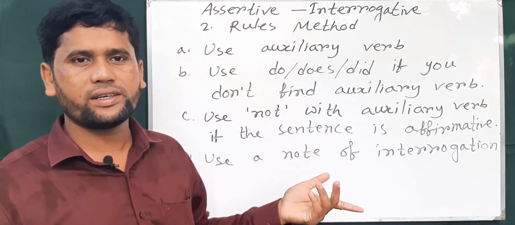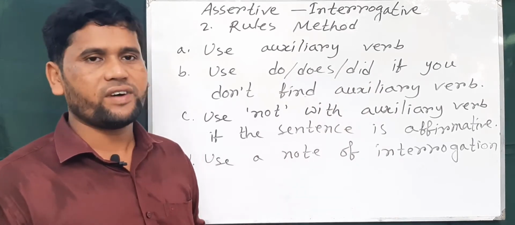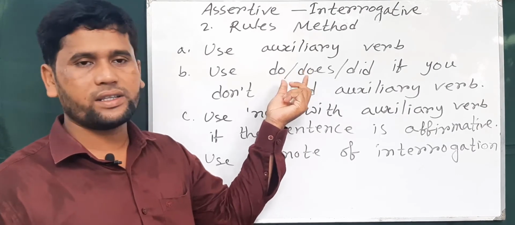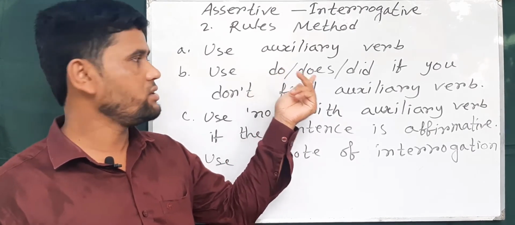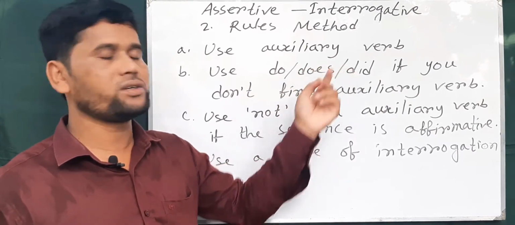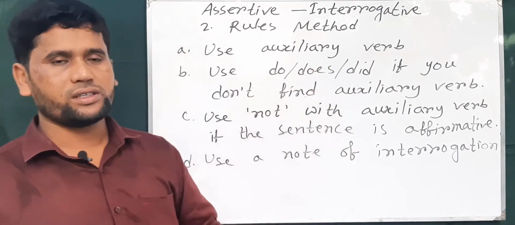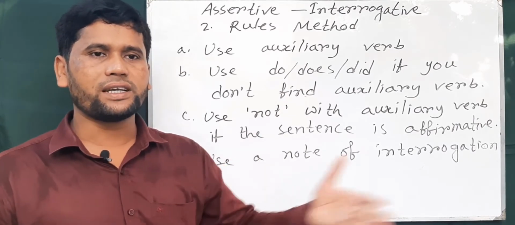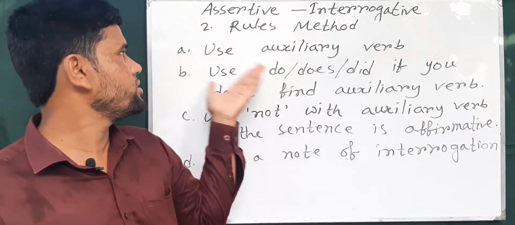If you don't find auxiliary verb, then you can find main verb with present form. When you find the verb is present form, you can use do or does. When you find the verb is first form, then you can use did. If you find an auxiliary verb, you can use auxiliary verb directly from the assertive sentence.